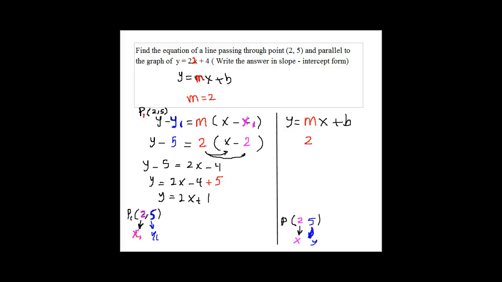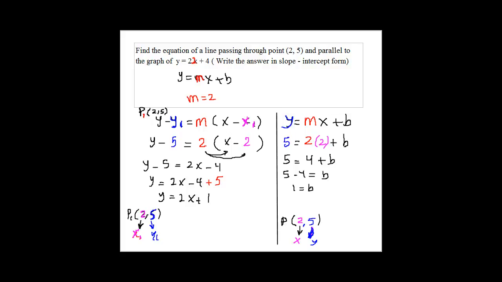So here we have y is equal to 5, and x is equal to 2, and then I can solve for the y-intercept, or b in this case. So 5 is equal to 4 plus b. If I subtract 4 from both sides of the equation, you get 1.